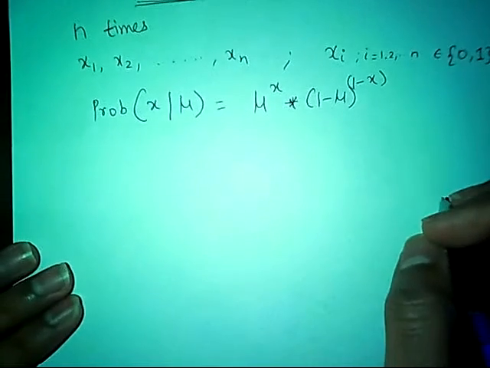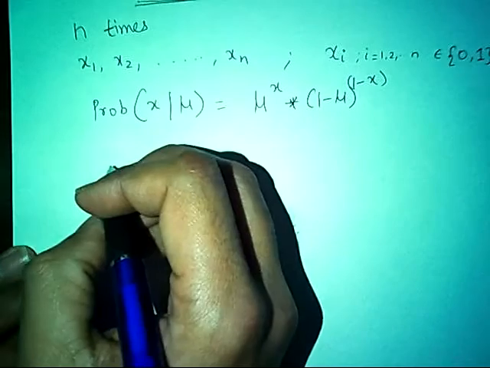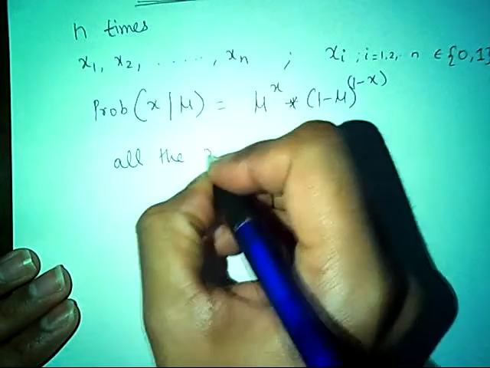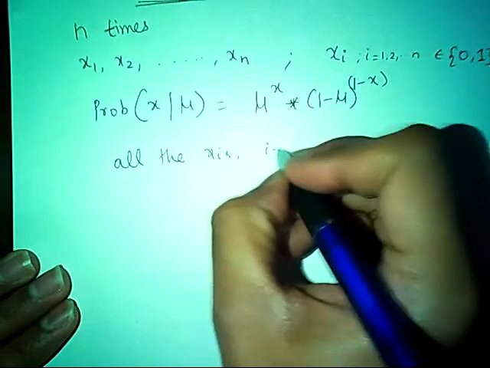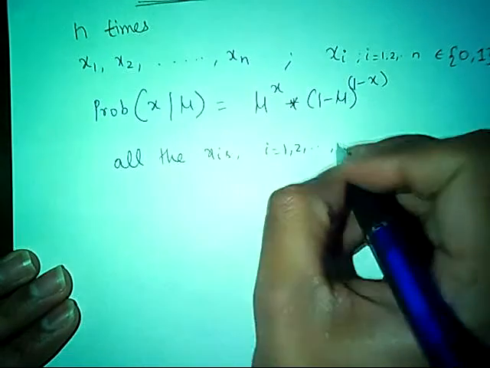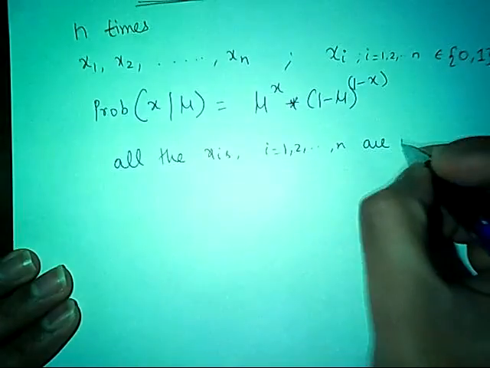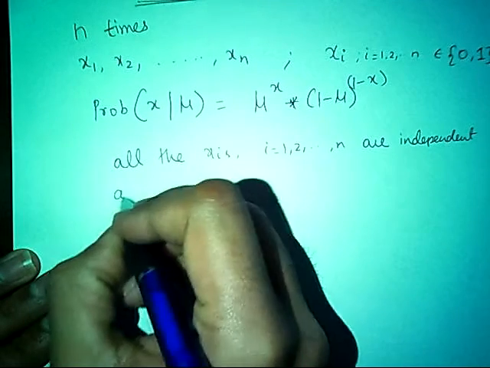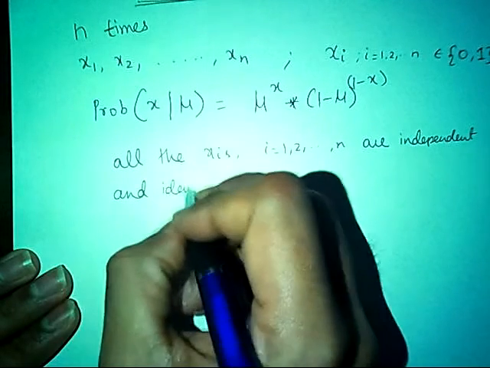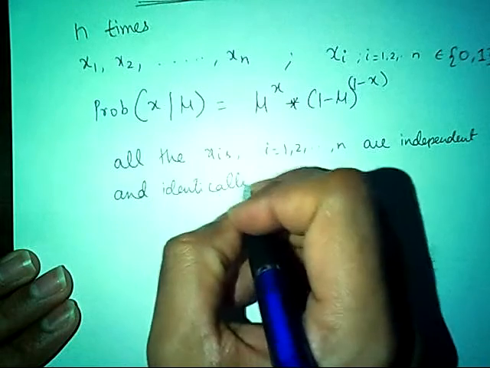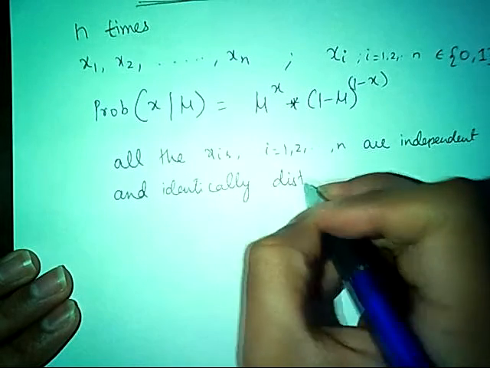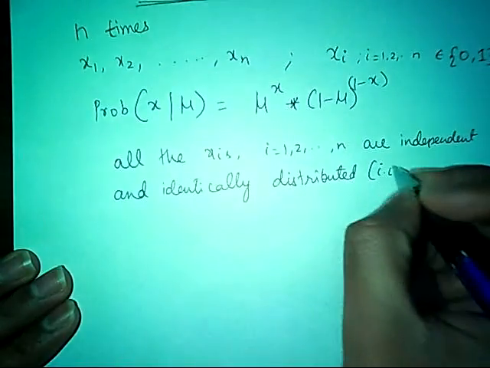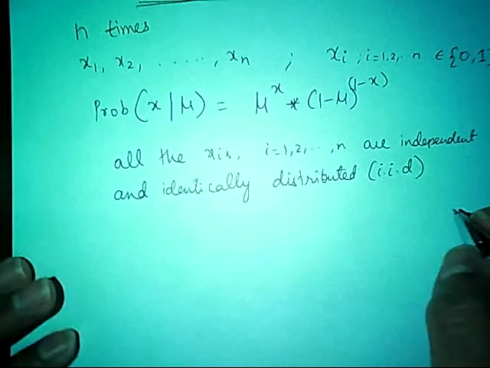So I'm going to introduce another concept. We are going to assume that all the xi's are independent and identically distributed. We denote this by the short term IID.